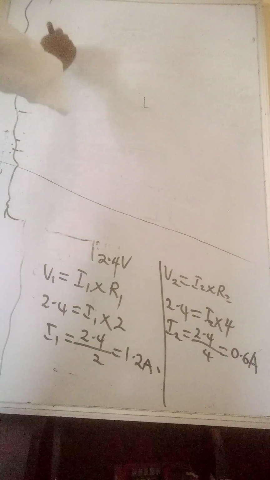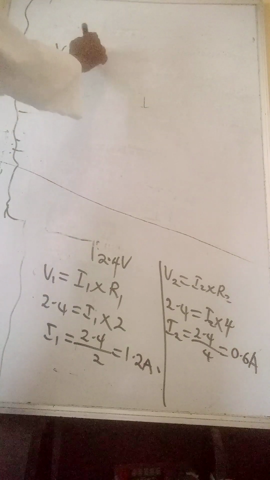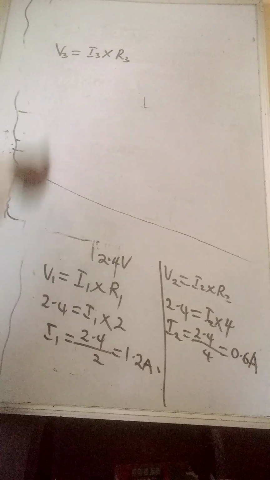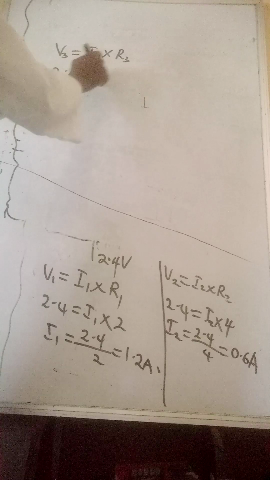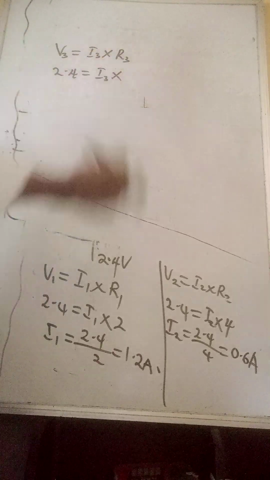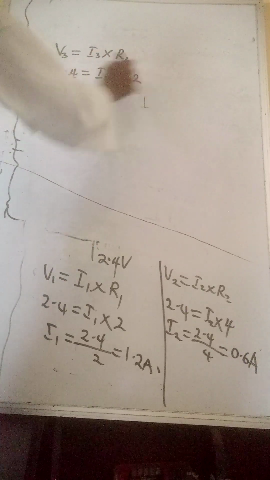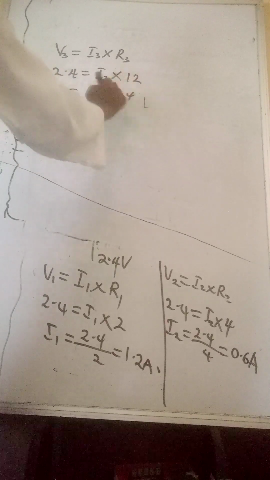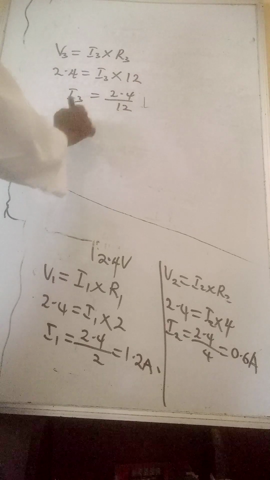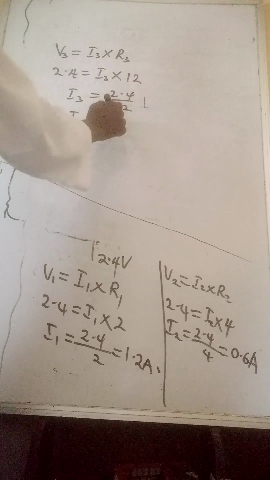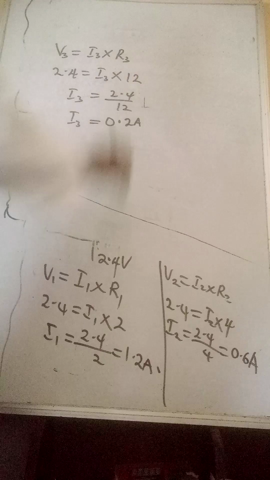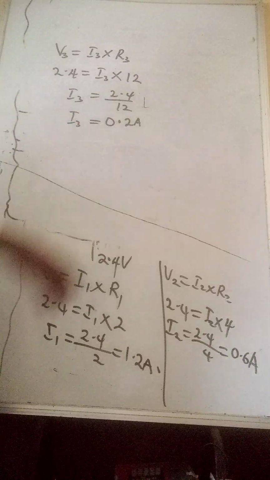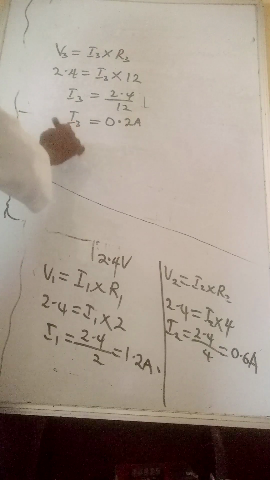Third one, V3 will be I3 times R3. Don't forget V3 is also 2.4. Then I3 times R3, which is 12. So dividing both sides by 12, I3 will be 2.4 over 12. So I3 is equal to 0.2 amps. So by the time you add all this current together, it will give you the total current.